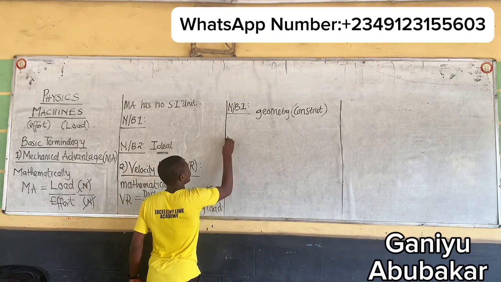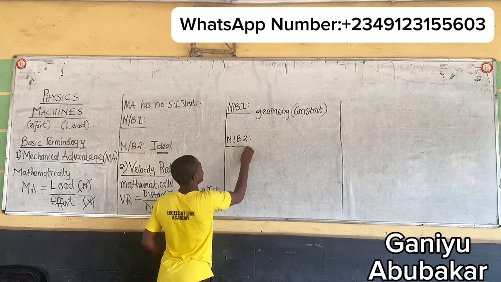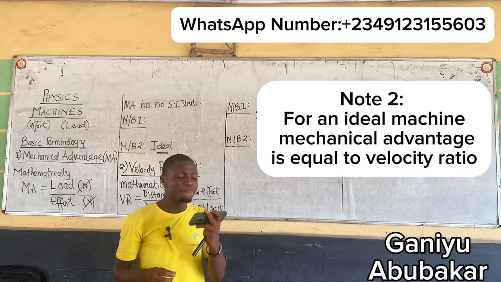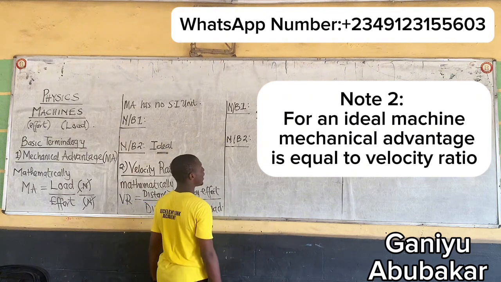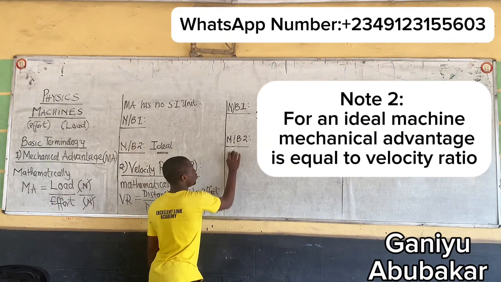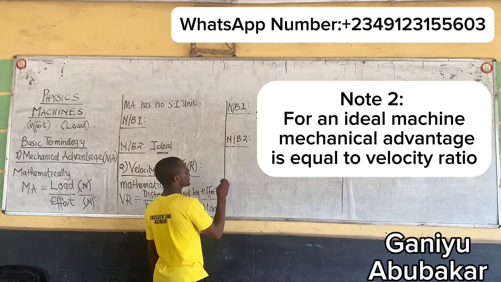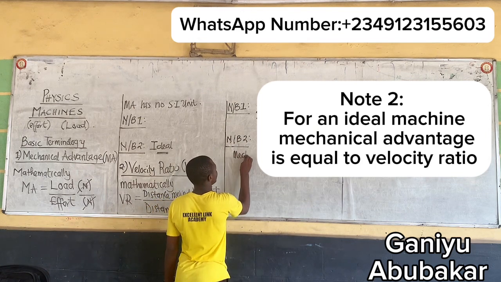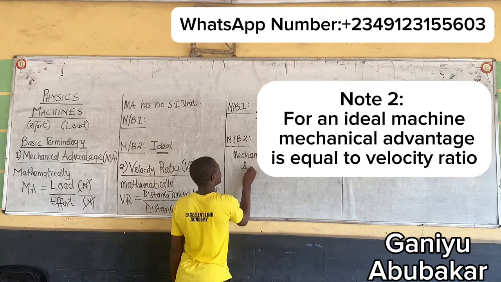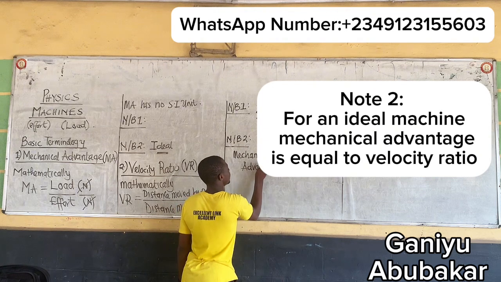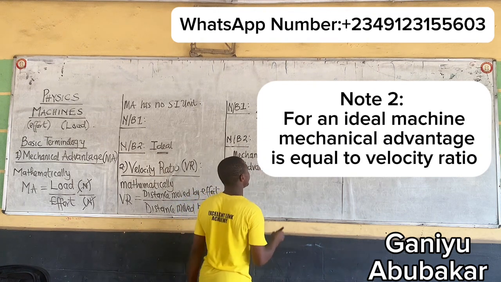Note number two under this, please. For an ideal machine, mechanical advantage is equal to velocity ratio.